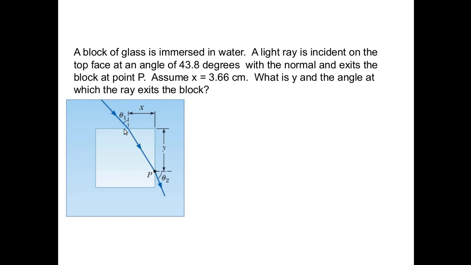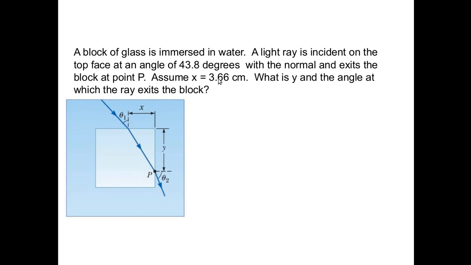But we have two cases of refraction happening here, right? So we've got an incident beam here, it gets refracted, it travels through the block, and then it gets refracted again. So we're going to have to use Snell's law here, Snell's law here, and then sprinkle some trig and geometry in here, because we've got x, right?